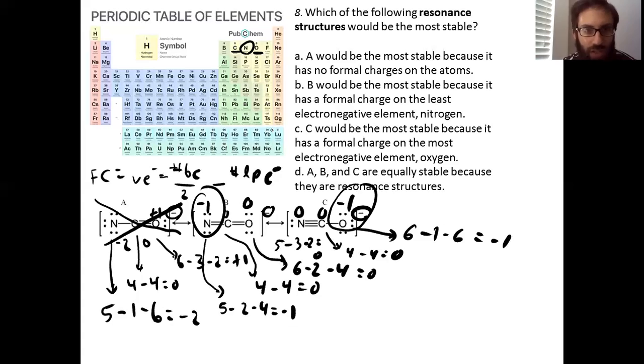So which is the more electronegative atom? Oxygen. It's to the right. Remember your electronegativity trend. Electronegativity increases in that diagonal direction, as you go to the top right of the periodic table; fluorine is the most electronegative atom. So this tells you that C is the best because you got that minus 1 charge on the most electronegative atom. So it turns out to be answer C. Okay.